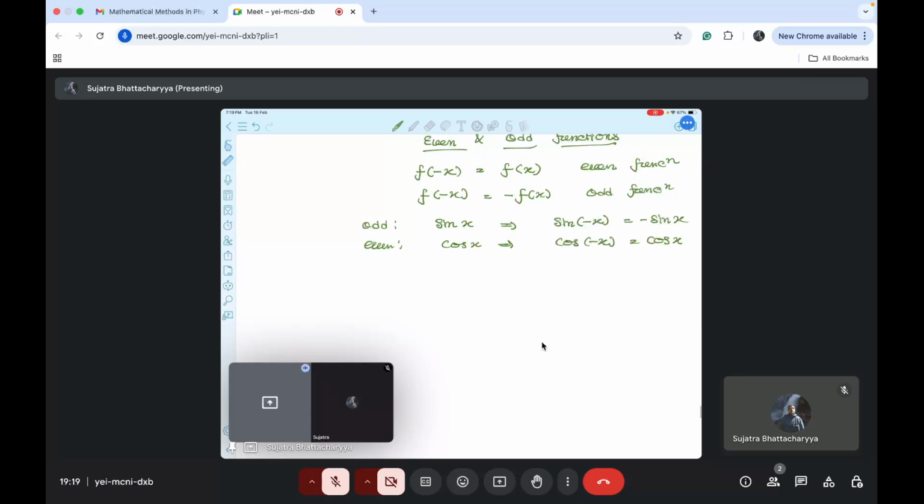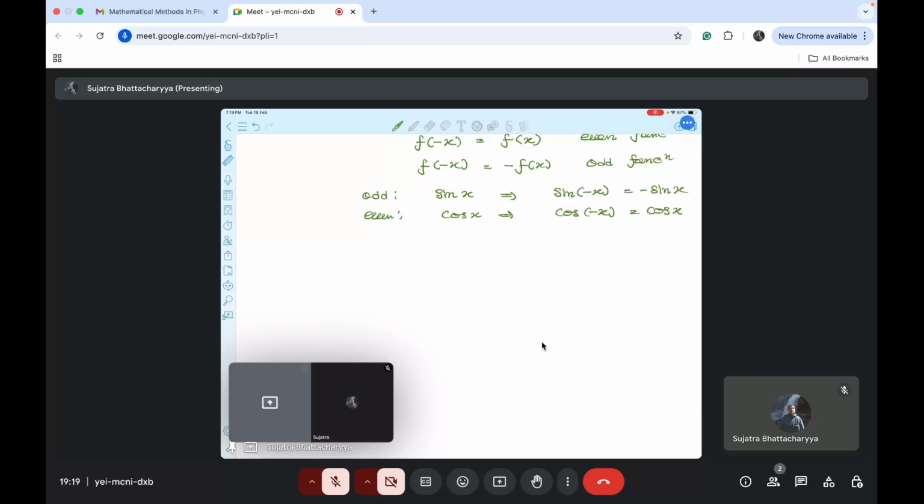Then another important feature of the even and odd functions is this. For an odd function like sine, you have something like this. This is the sine function. And for cos x, which is an even function, cos will be like this, correct?